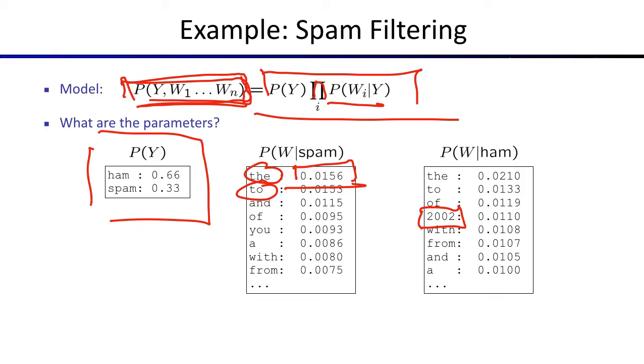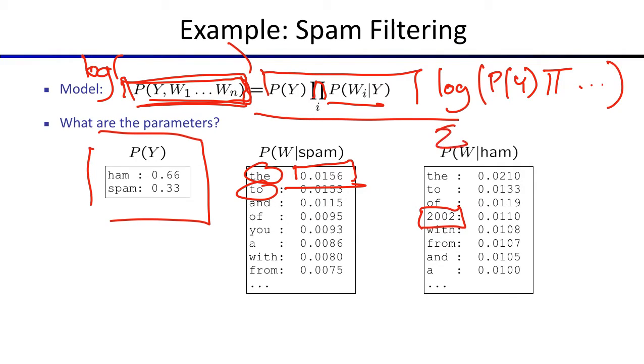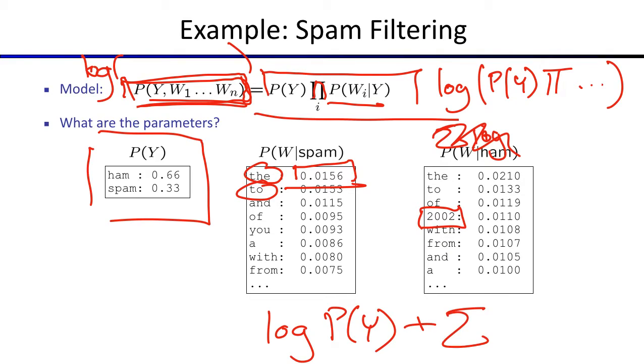What we do instead is we work in log space. So we compute the log of the probability of everything jointly, and you'll remember that the log has this beautiful property that the log of P of y times this product is equal to a sum of logarithms. So it's log P of y plus the sum of log P of w_i given y.